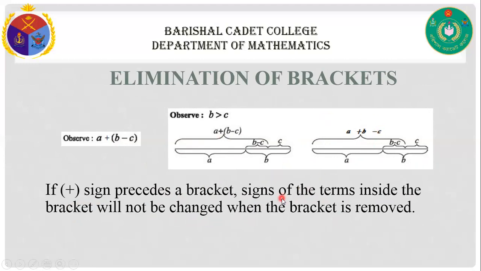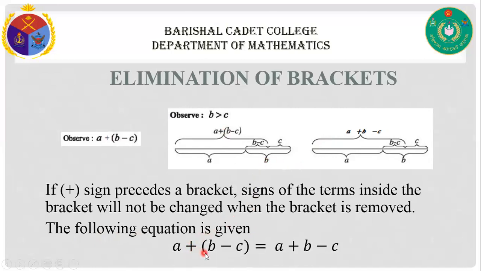So the sign will not be changed. The following equation is given: a plus first bracket b minus c, and after eliminating this first bracket we get a plus b minus c. So we have a positive sign before the first bracket, so signs inside the bracket will not change.